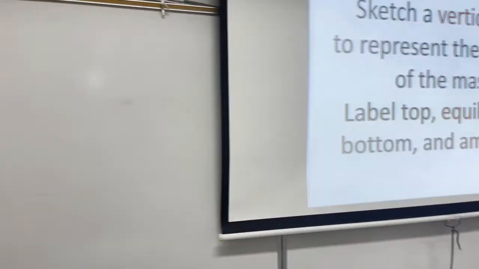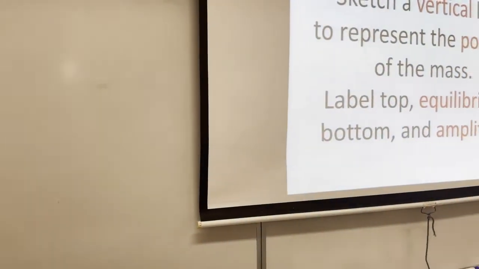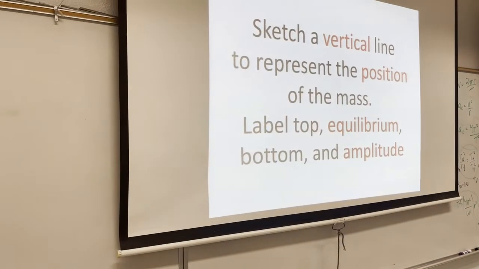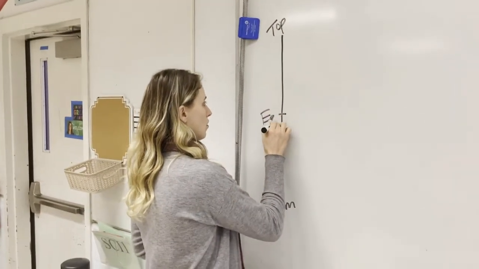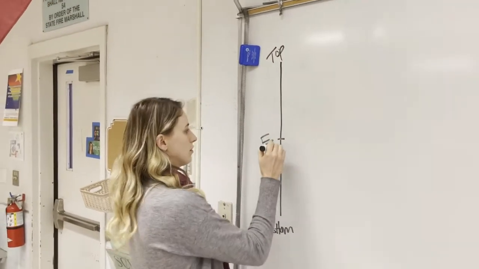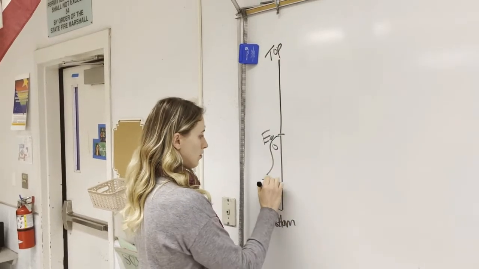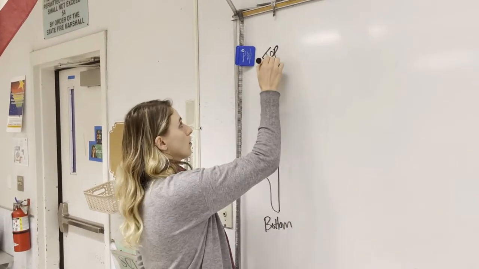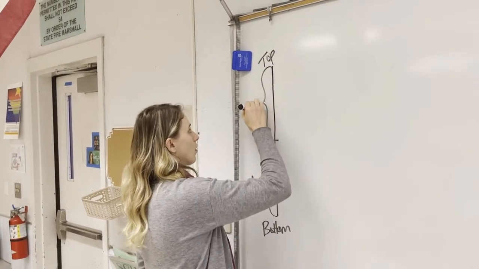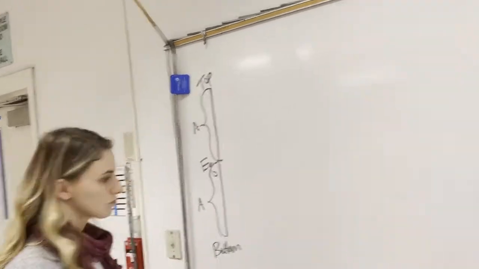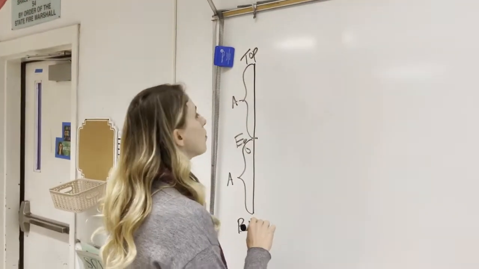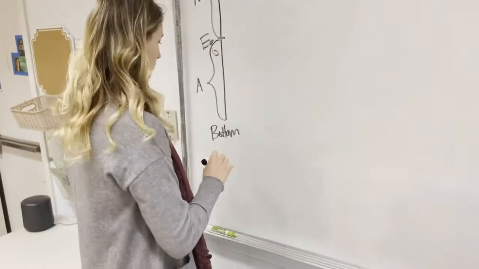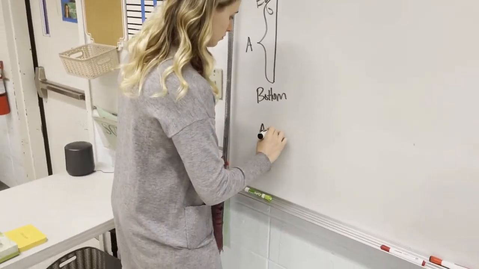So label the top, the bottom, equilibrium, and amplitude. So here's the top. What would be my amplitude? Amplitude is the maximum displacement from equilibrium. So you've got 2 of them there. And what was our amplitude? It was 3.2 centimeters. You can put it down there on the bottom. A equals 3.2 centimeters.